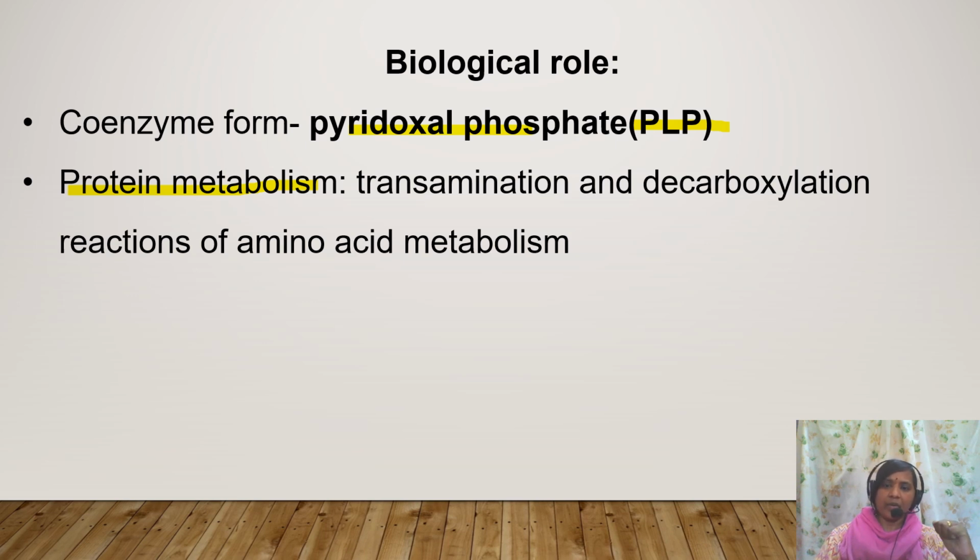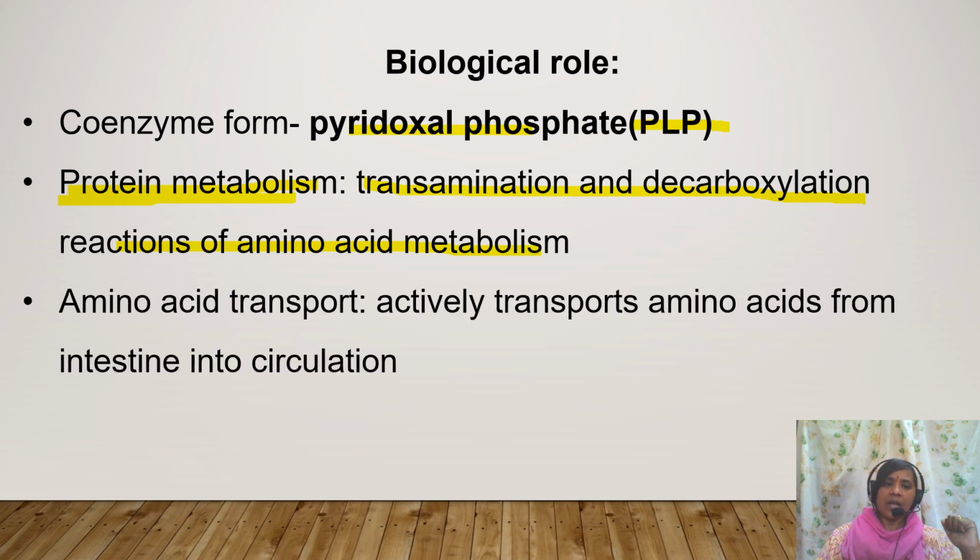In protein metabolism, it has a role in almost all the transamination and decarboxylation reactions of amino acid metabolism. These are the two important reactions in amino acid metabolism, and they require PLP as a coenzyme. That is why pyridoxine has a role in protein metabolism.